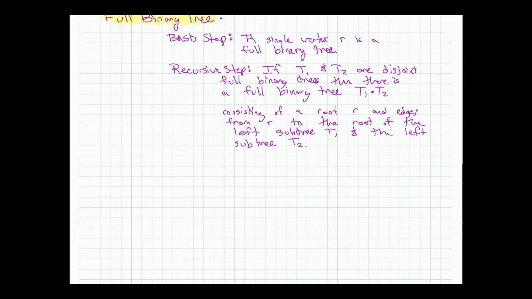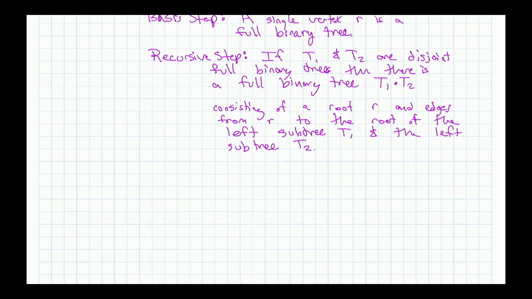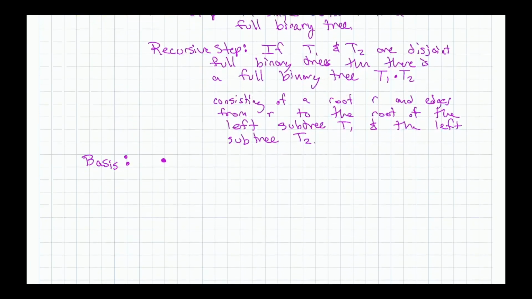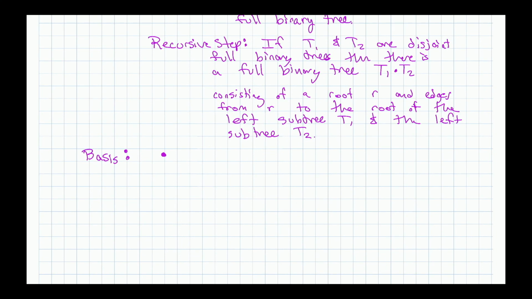So how is this different than the previous binary tree? Well, let's look. You have your basis full binary tree, and it's just a single vertex. So that's already different, because our basis step here was nothing. And then our step 1 full binary trees is going to be this.